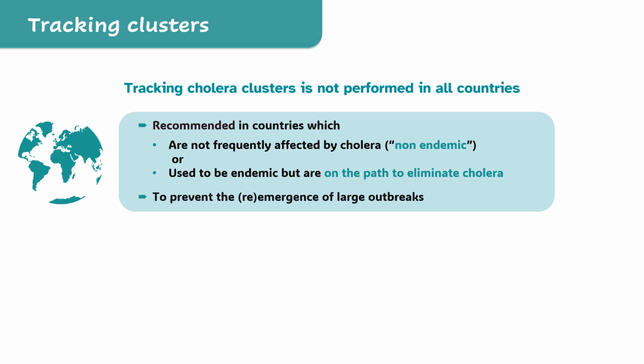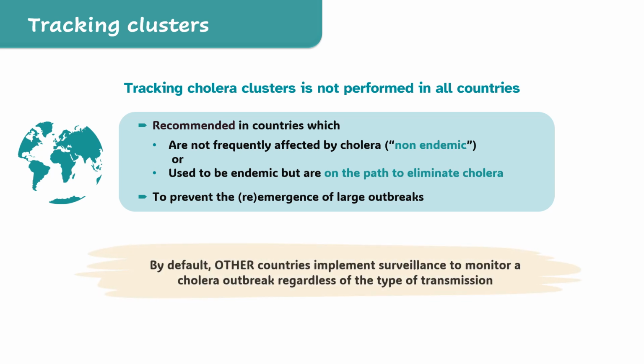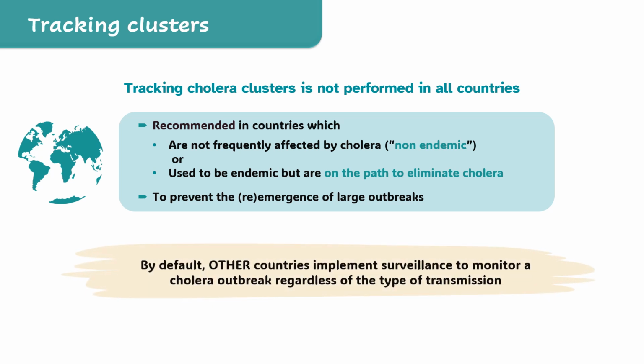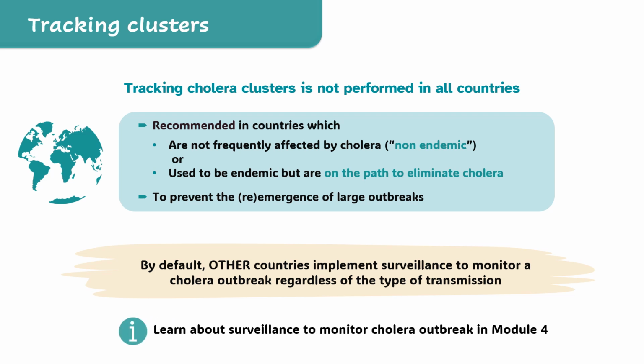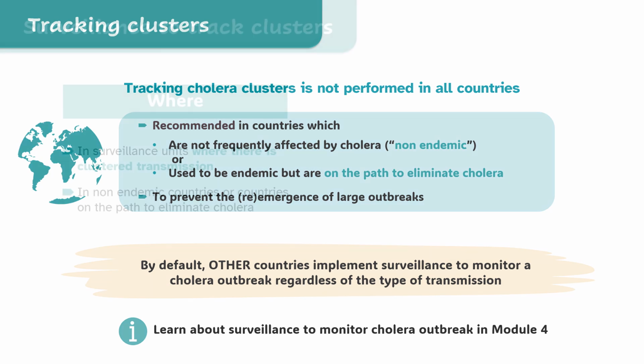In those countries, tracking clusters is performed to prevent the emergence or re-emergence of large cholera outbreaks. If cholera transmission is detected in a country which does not aim to track clusters, then surveillance to monitor an outbreak is implemented by default. To learn more about surveillance by default to monitor an outbreak, we encourage you to go to Module 4.